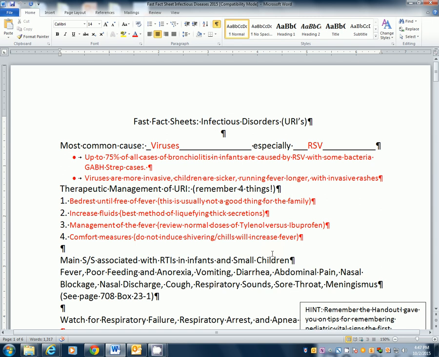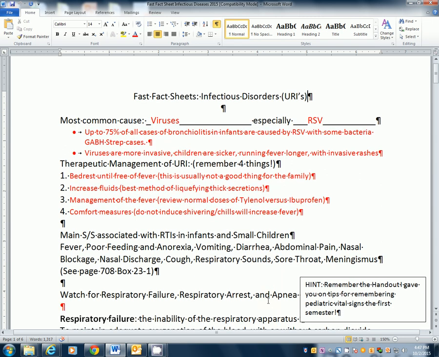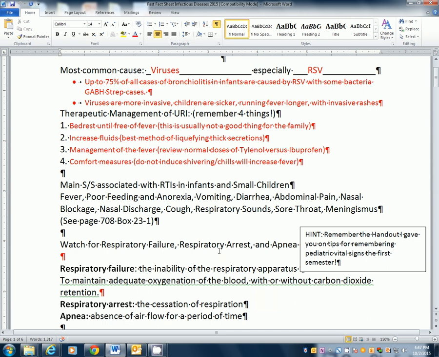The main signs and symptoms associated with upper respiratory infections in infants and small children would be fever, poor feeding and anorexia, vomiting, diarrhea, abdominal pain, nasal blockage, nasal discharge, cough, respiratory sounds, sore throat, meningitis, which means FOS, signs of meningitis.